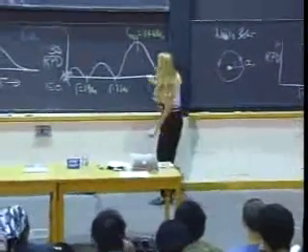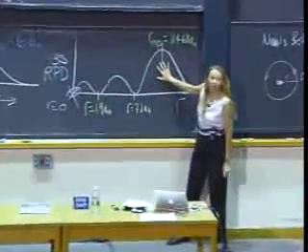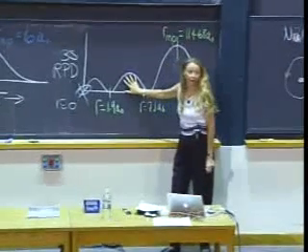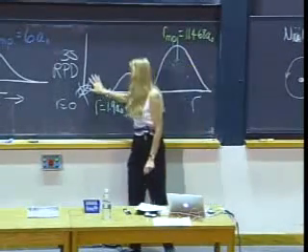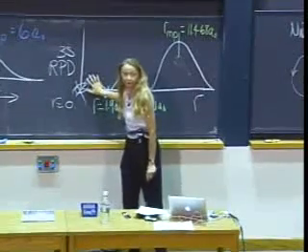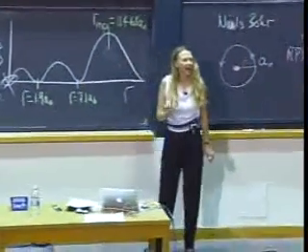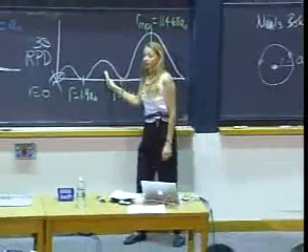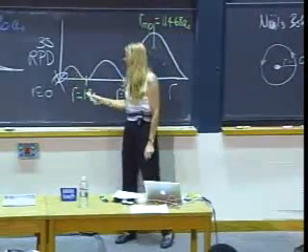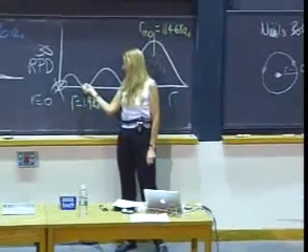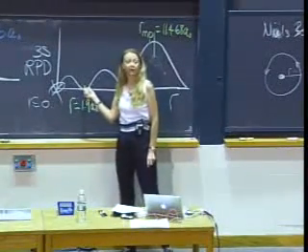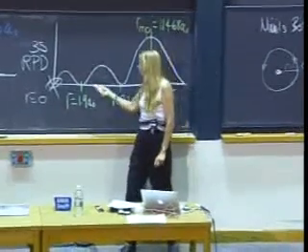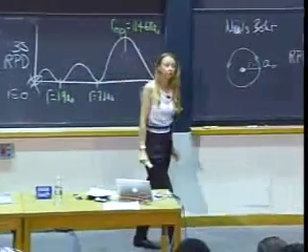Well, if the electron has some probability of being over here, and then it has some probability of being over here, and then it has some probability of being over here, then how does the electron get from here to here to here if this point right here at r equals 1.9 a naught and r equals 7.1 a naught, how does it get there if at these points the probability is 0?